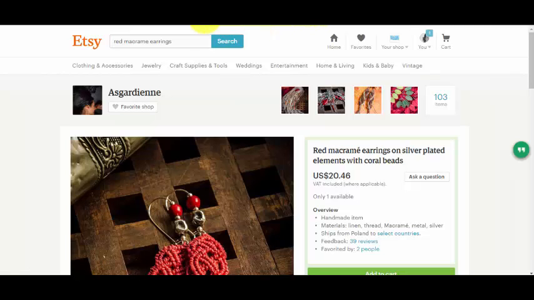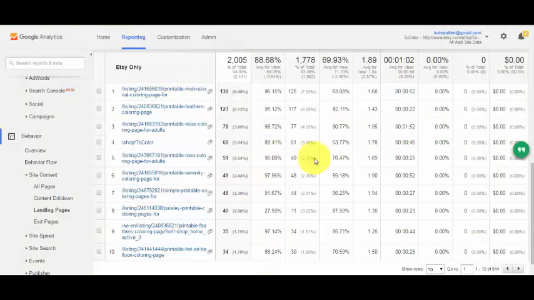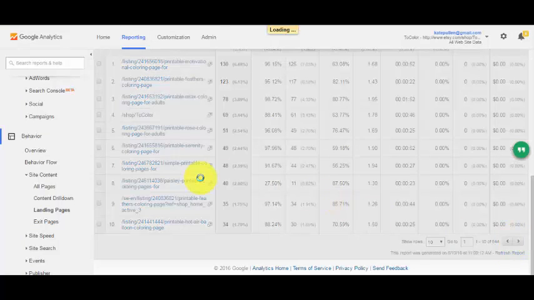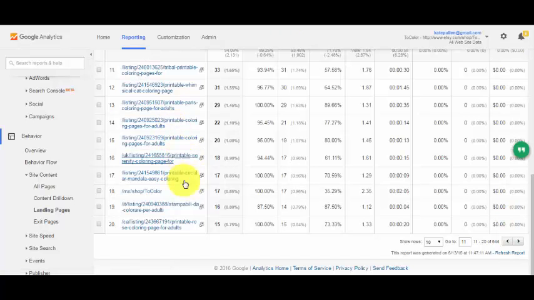So in the URL that we'll see in Google Analytics, it will show us the search term macrame earrings, search results gallery, 4th position. So we can find out a lot about our internal referrers by looking at that code.